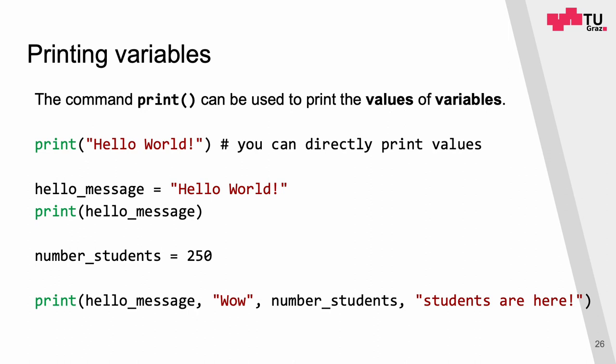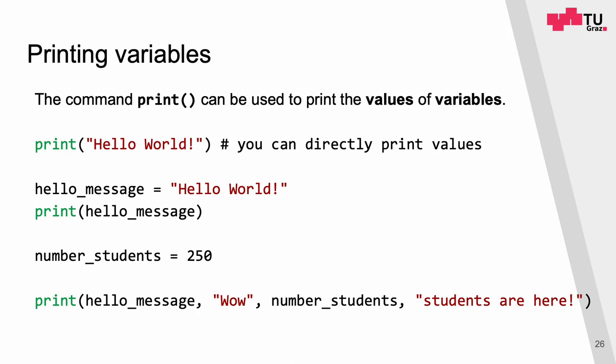Then the next argument, so to say, in the print command is number of students. So this is again a variable which holds the value 250. And then the last part, which is separated by a comma, is a string which contains the value students are here, exclamation sign.